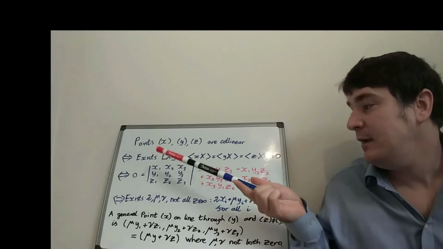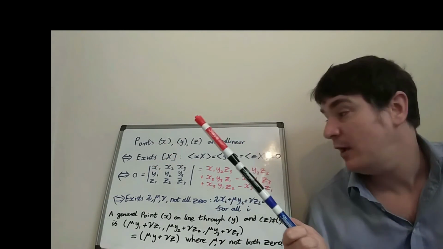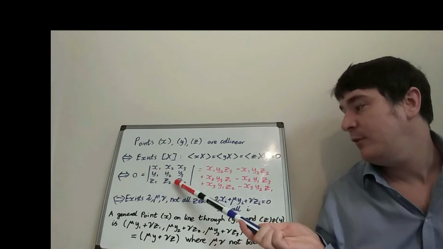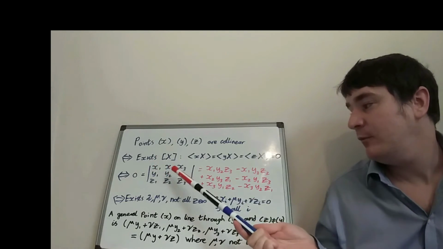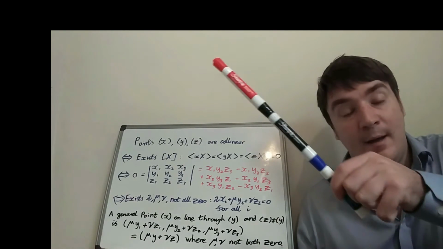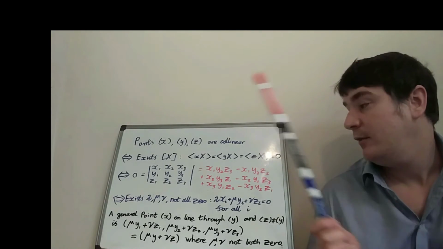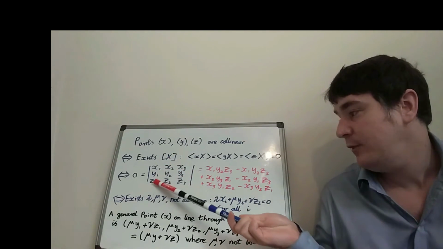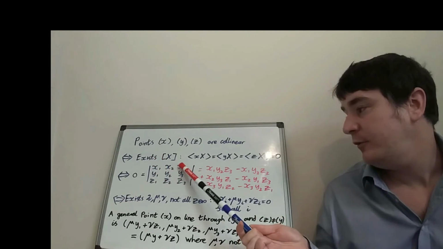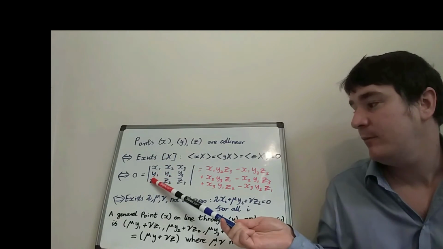In fact, it's obtained via a special trick that you can do with 3 by 3 determinants, which is to expand them out. It's this times this times this, take away this times this times this. So essentially you're adding on diagonals like that and taking off diagonals like that. So then it's plus this times this times this, take away this times this times this, plus this times this times this, take away this times this times this.